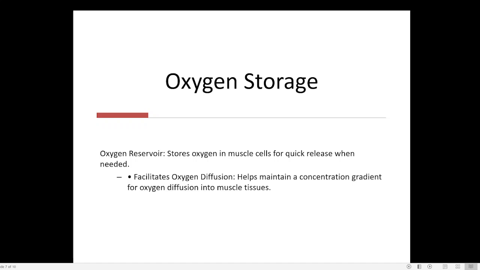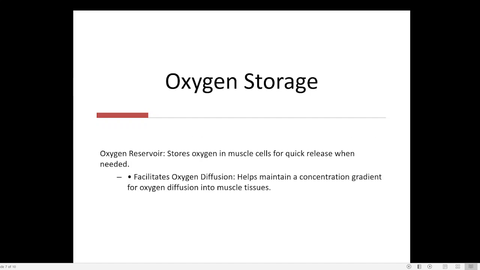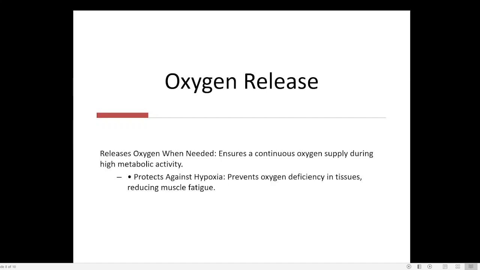So the main function is to give a quick supply of oxygen when there is intense activity, quickly releasing oxygen and ensuring a continuous oxygen supply during high metabolic activity. High metabolic activity means when your body is working at a higher level, when you are walking or running or jumping.